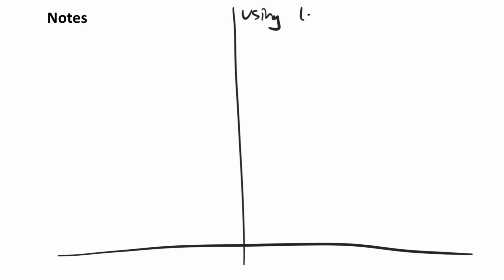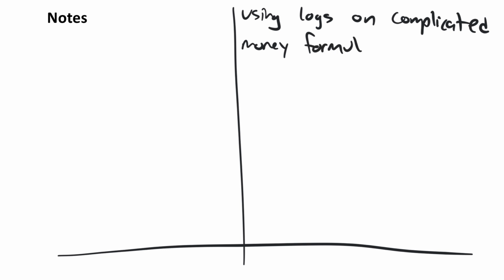We'll go ahead and take some notes on this. So this is using logs on complicated money formulas. And you could imagine using logs to solve any complicated formulas, whether they're a money formula or something else.